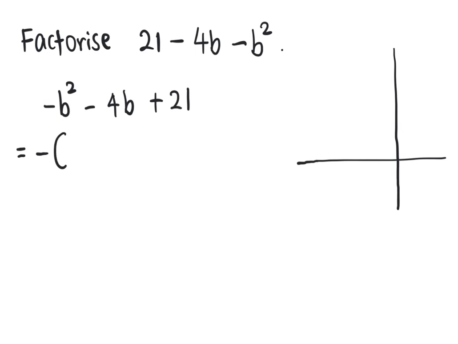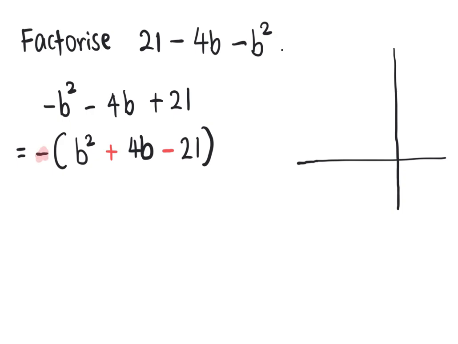And I'm left with b squared positive 4b negative 21, because negative times positive is negative b squared.